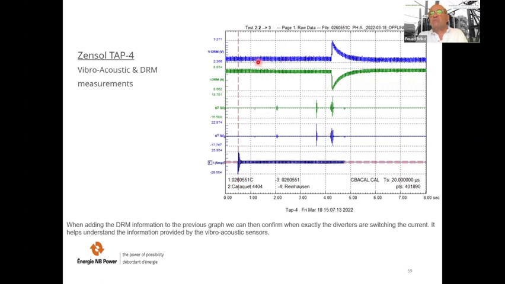The signal was a little noisy, but we have the good information. With the V and I you are able to draw the DRM afterward. The DRM has not been presented here, but we get it through the voltage and the current.